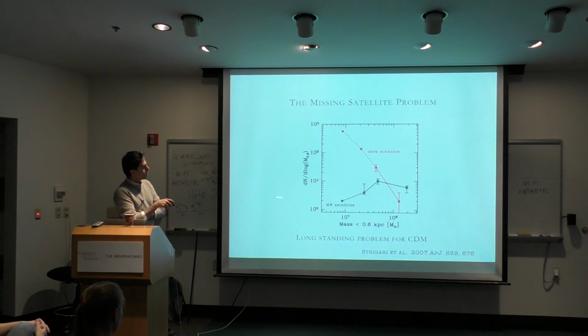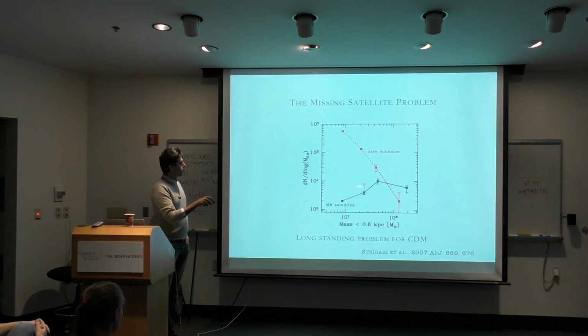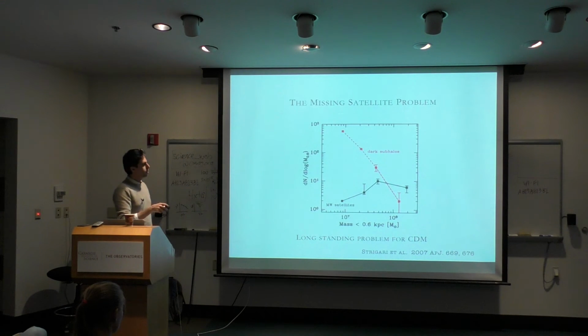This is a little bit outdated now. The number is probably somewhere around here, if I'm not mistaken. In the past few years, we've discovered more satellites, especially with DES recently. But there still seems to be some discrepancy here, and the discrepancy seems to be growing as we go to lower masses.